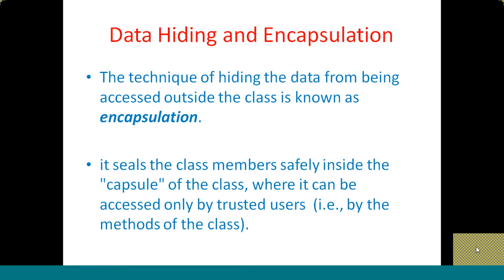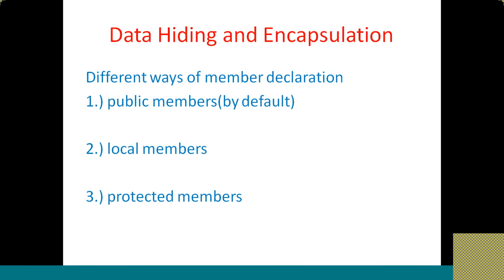How will we restrict access to class properties and methods from outside the class? It depends on how we declare the class members. Class members can be declared in three ways: public members, local members, or protected members.